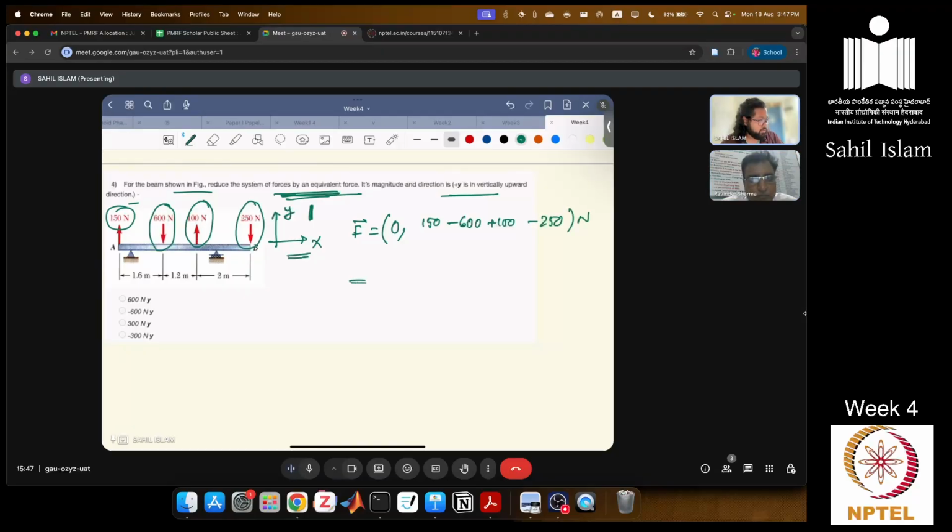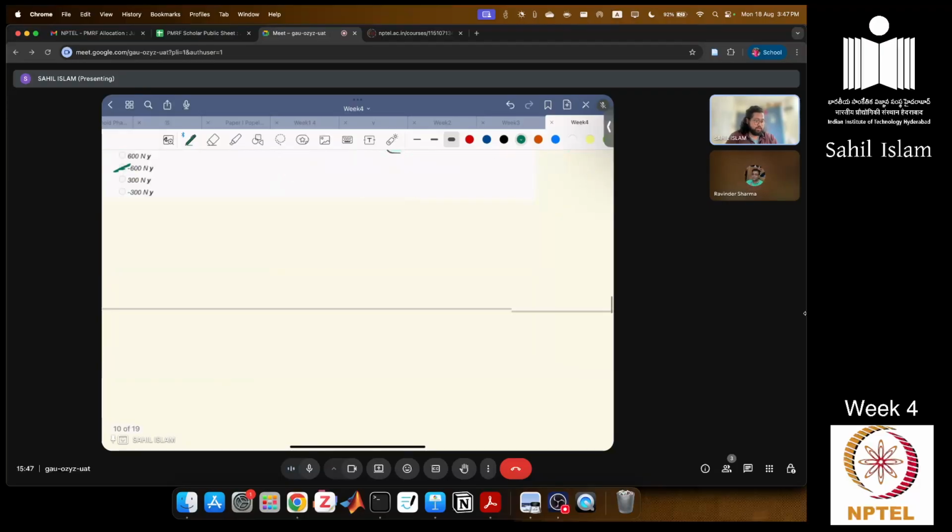So this 250 and 250 cancel, 0 minus 600, 100 Newton. So minus 600 Newton y cap. This is the correct answer. This is really simple question. But there is a follow up, I guess.